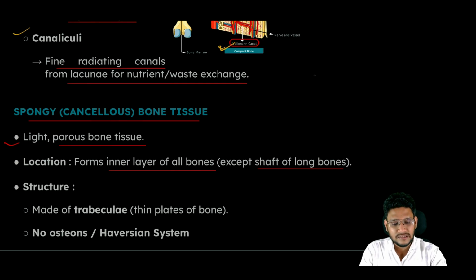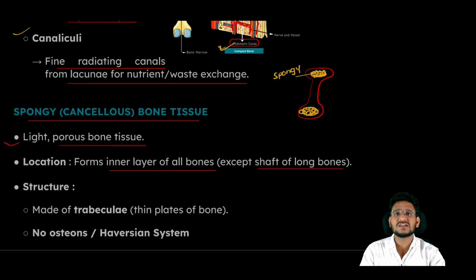Suppose this is a long bone; the inner part of this long bone, except the inner part of the shaft, is made up of light porous tissue, which is called spongy or cancellous tissue.